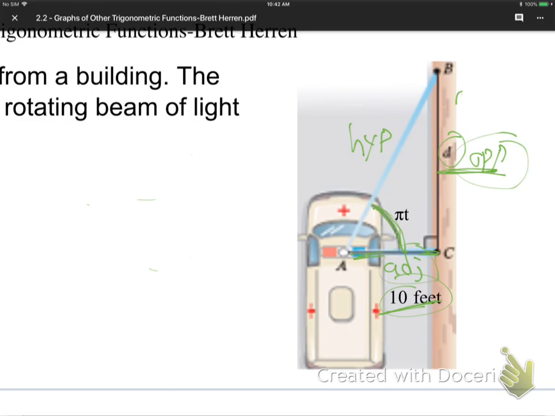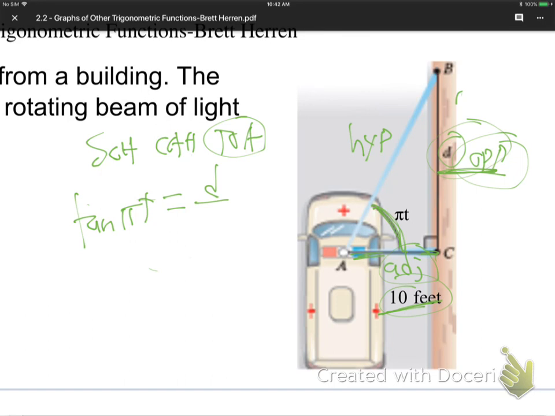Opposite and adjacent: tangent. Remember SOHCAHTOA? Tangent is opposite over adjacent. Tangent of the angle pi t is opposite D over adjacent 10. You see that?